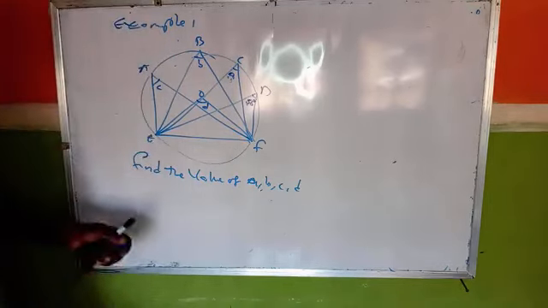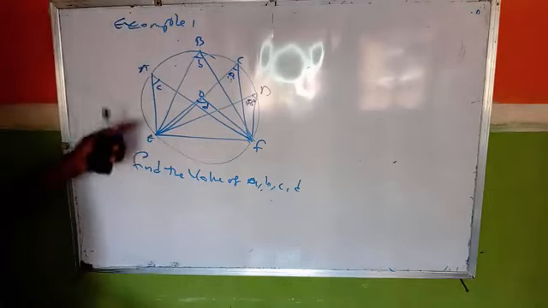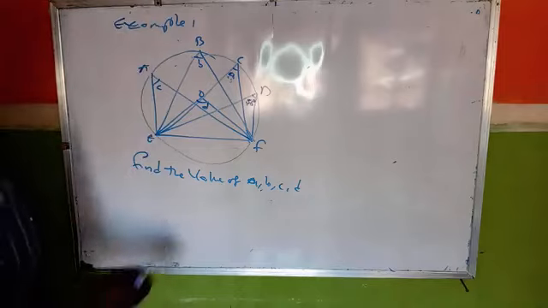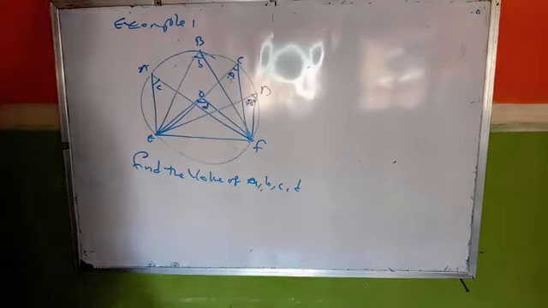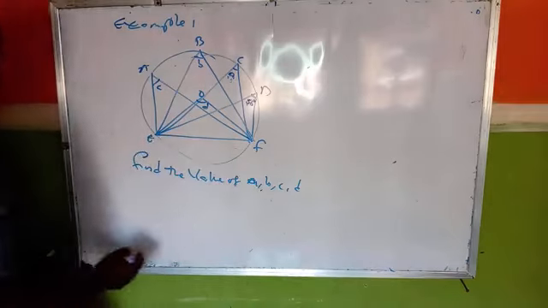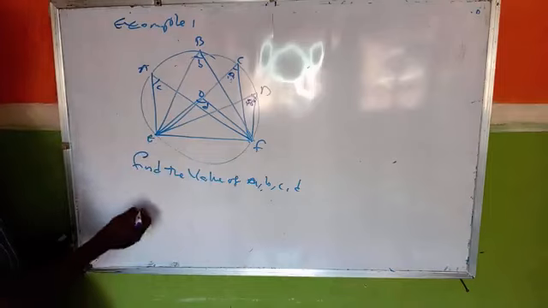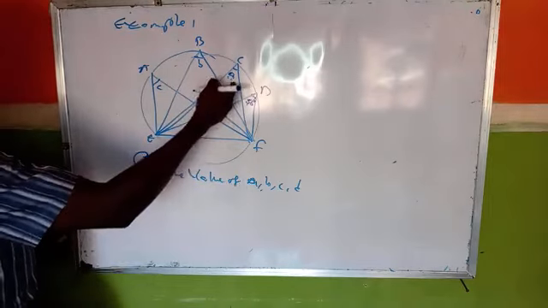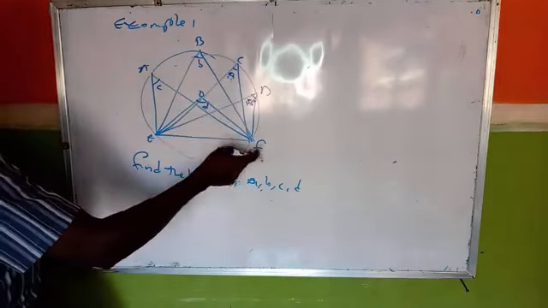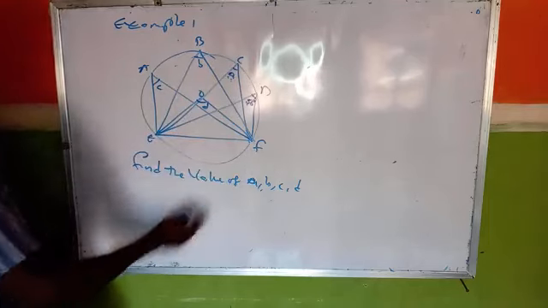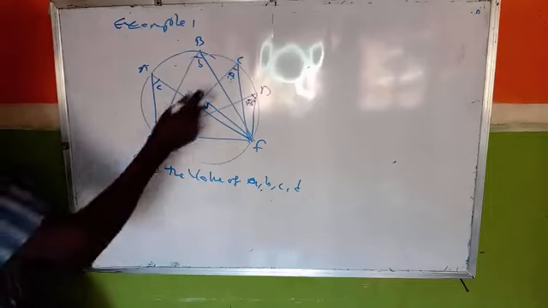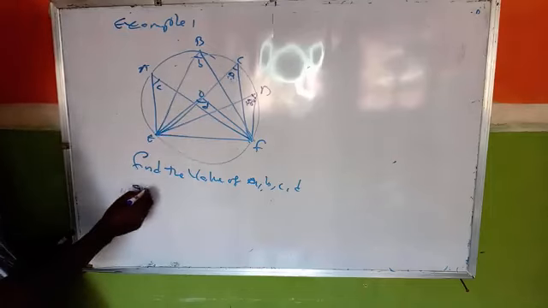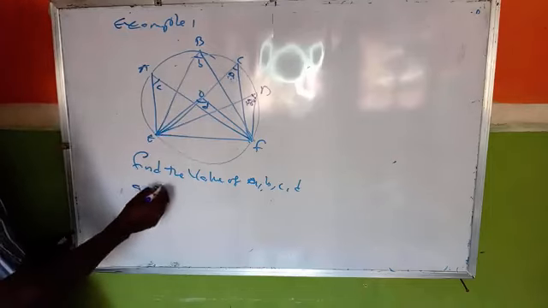Now, look at this one. Find the value of this. Since this angle is 50 degrees, angles at the same segment. So if you want to find A, this is A. That's angle ECF. So you can say that angle A equals what? 50 degrees.